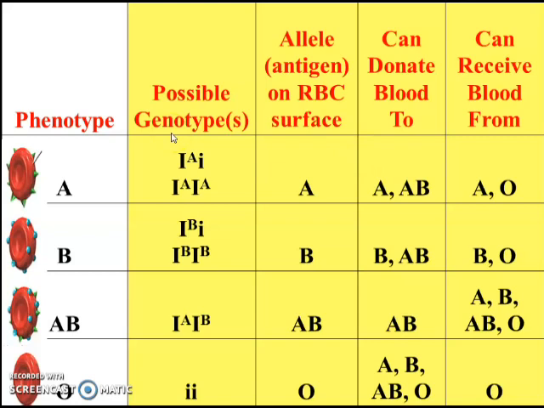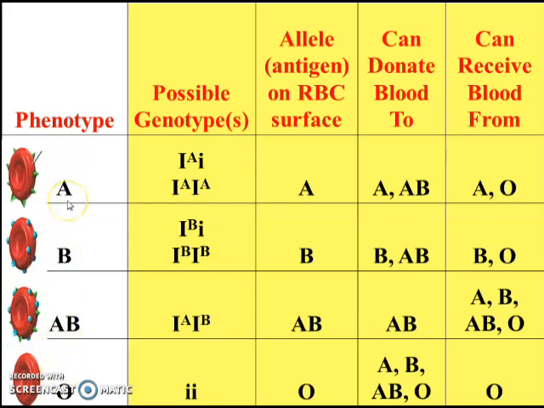Humans can have red blood cells that are of type A, IA, type B, IB, or type O, i. These 3 different alleles can be combined in different ways, following Mendel's laws of inheritance. The resulting genotypes make either type A, type B, type AB, or type O blood.